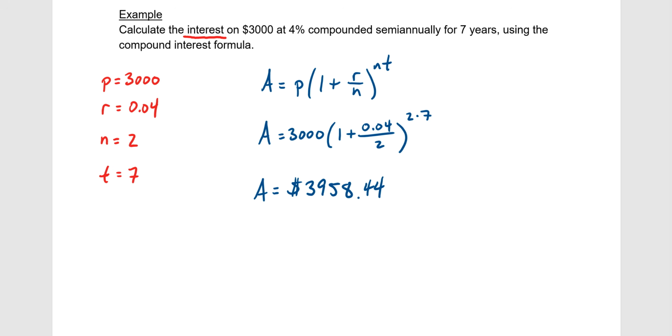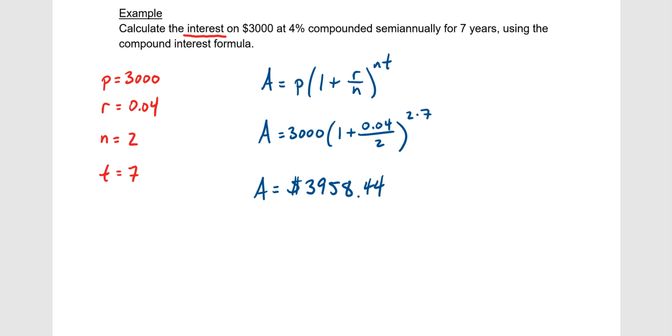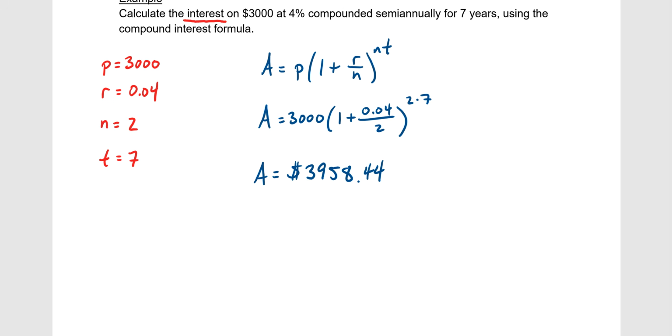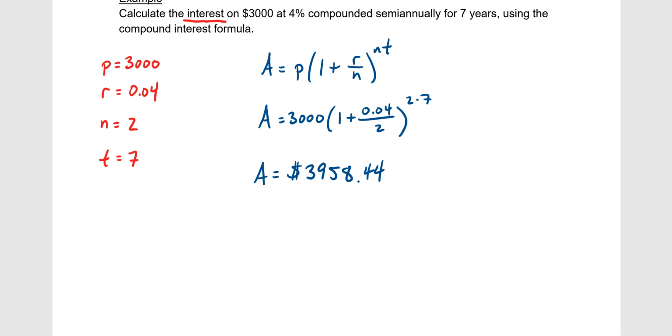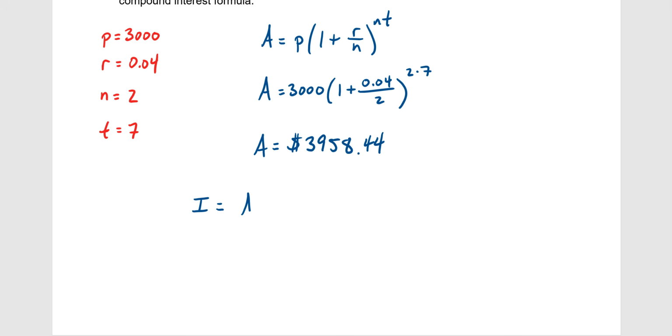So almost circled that. That's not our answer. That's the total amount in the account. We're looking for the interest. So we started with $3,000. We ended up with $3,958.44. So the interest is going to be us just subtracting those numbers. So that's going to be the A value that we just had minus the original principal.